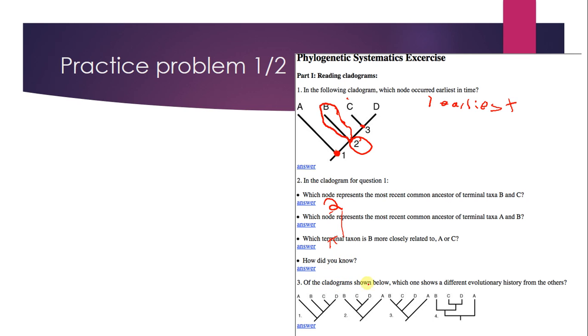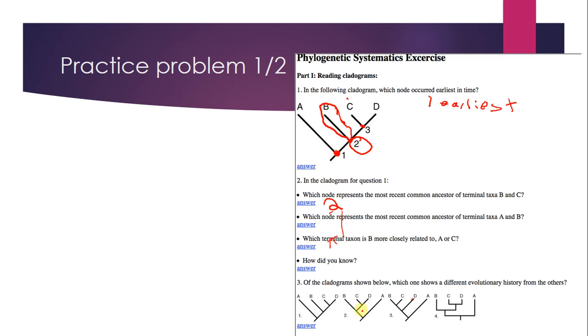Of the cladograms shown below, which one shows a different evolutionary history from the others? So which one can't we just rearrange or flip around the lines to look different? What you might want to do is try to draw all of them out and see which one shows a different evolutionary history. So we'll start at the bottom. Number 1, we have A branching off first, and likewise in 2, 3, and 4.